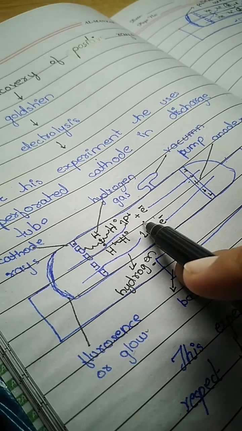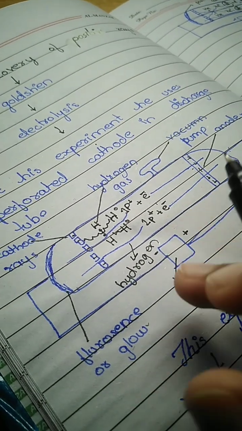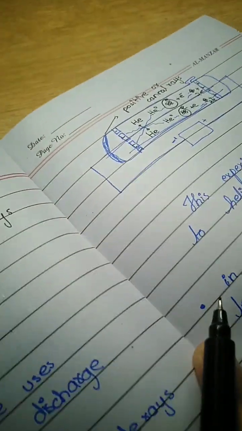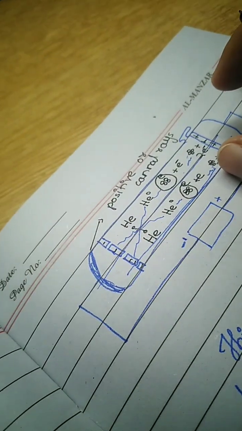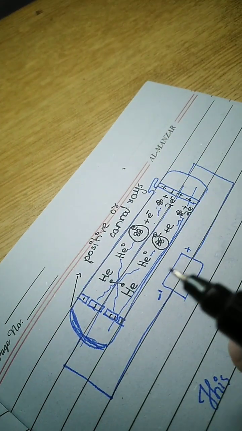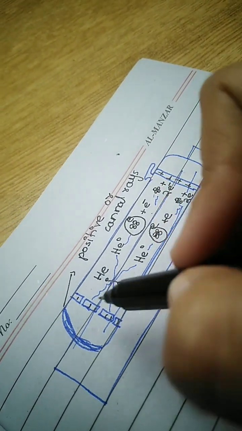We can use oxygen, helium, carbon dioxide. It's up to us. So let's talk about helium, which is heavier than hydrogen, and it has more protons, neutrons and electrons.